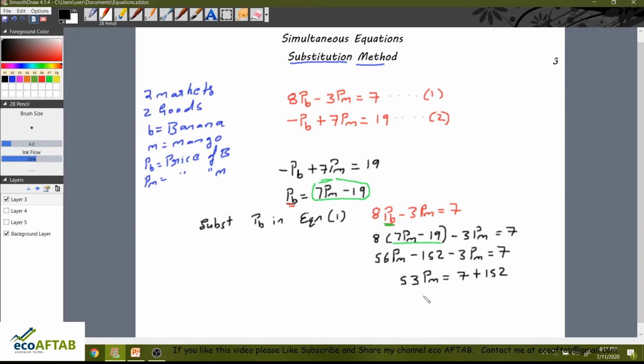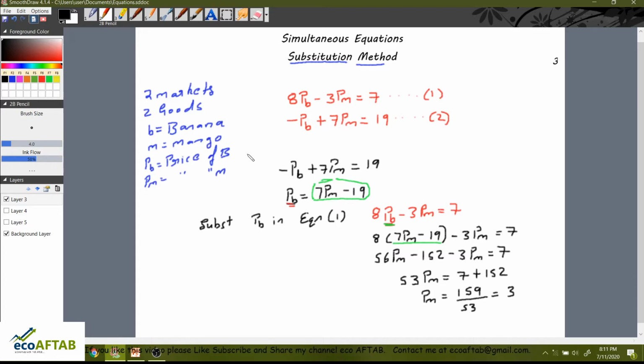So I can say PM is equal to 159 divided by 53, that is equal to 3. So we have got the first value, the price of mango, and the price of mango is rupees 3.